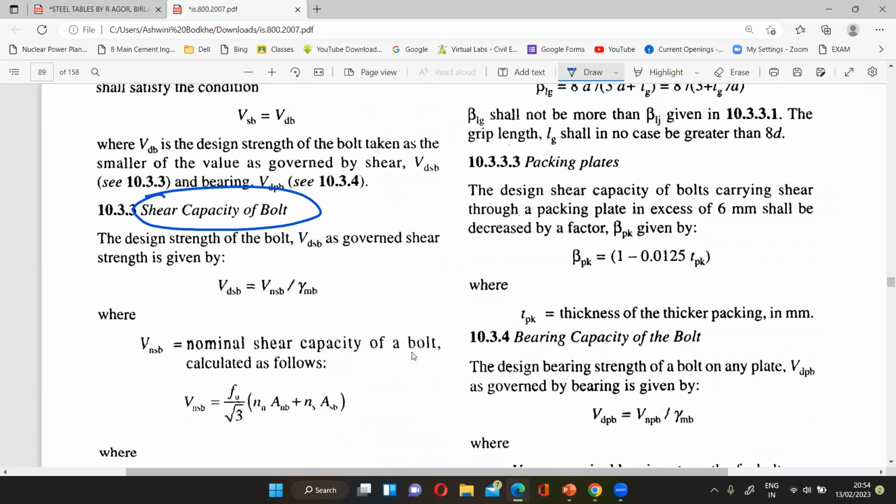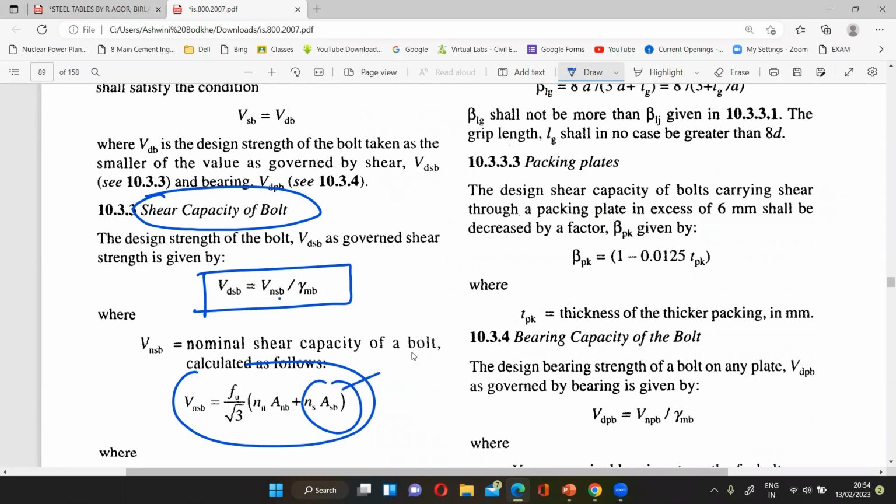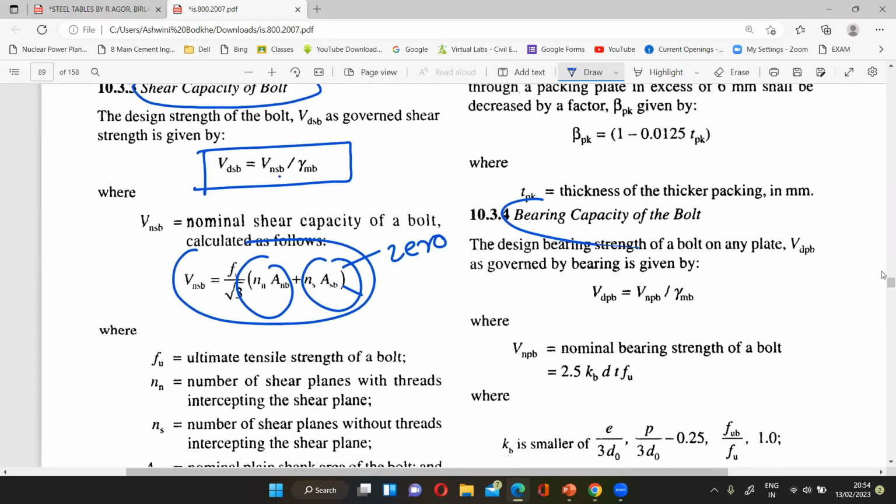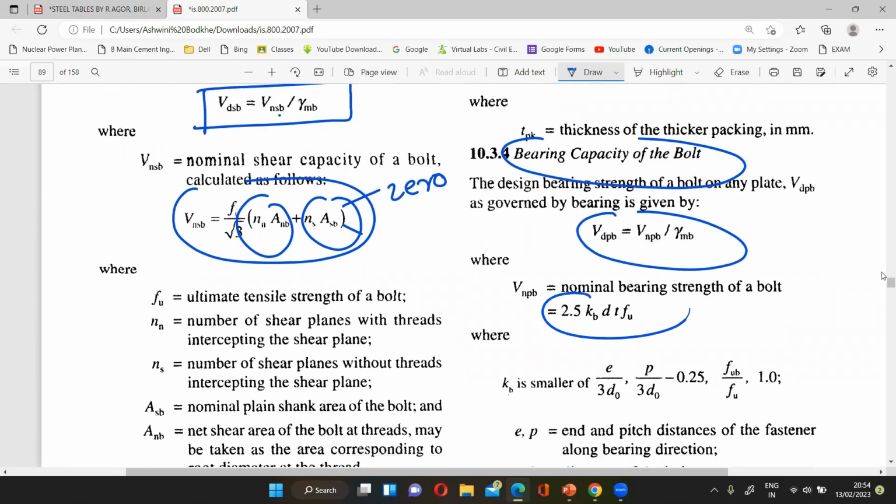The formula is VdsB equal to VnsB upon gamma mb, where VnsB is fu upon root 3 into nn anb plus ns asb, where we neglect ns asb, we consider it as 0 because we consider that our bolt is in the threaded area, not in the shank area. Okay. And the second formula is the bearing capacity of bolt, VdpB equal to VnpB upon gamma mb, where VnpB is 2.5 kb d t fu, where kb is the smaller of these four. Okay, so let's solve the next value.